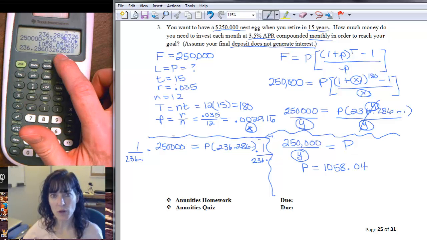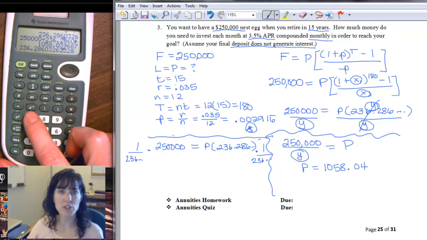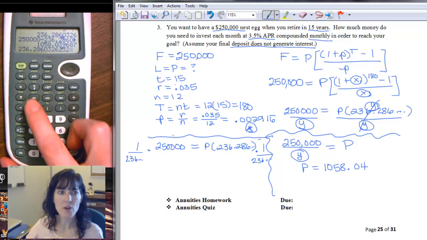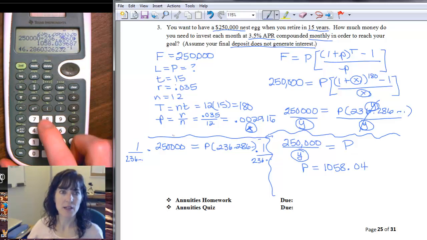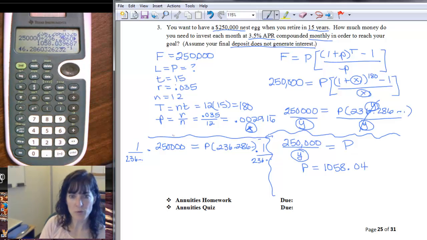I want to do 1 over X for it, or X to the -1 button, whichever you've got. So I'll click that, and it says to the -1, and then remember, when you're doing the inverse method, you're multiplying both sides, so this cancels with this, but on the left hand side I'm doing 250,000 times 1 over, which is what this value right here represents, the 236.286, etc., to the -1.